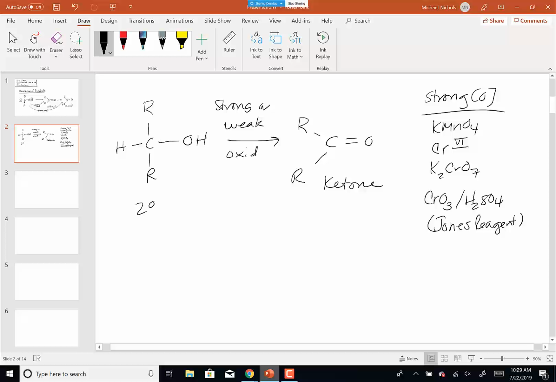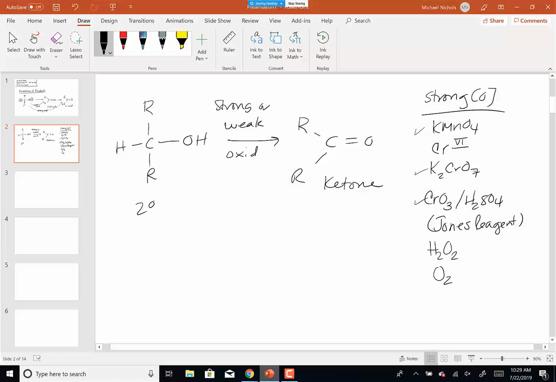Sometimes you can even use hydrogen peroxide, or even oxygen gas will oxidize certain things. So this would be our list. Our primary list here is going to be potassium permanganate and chromium.